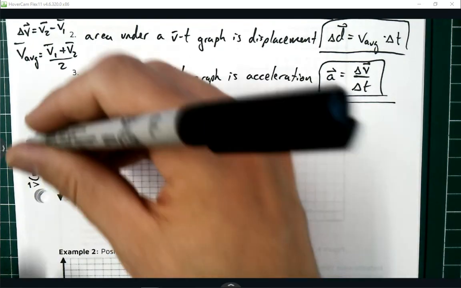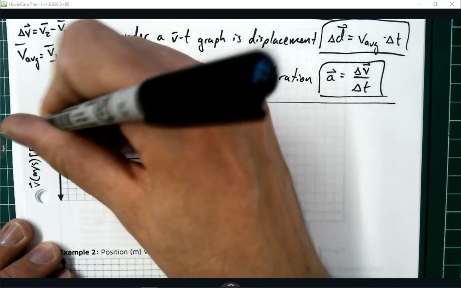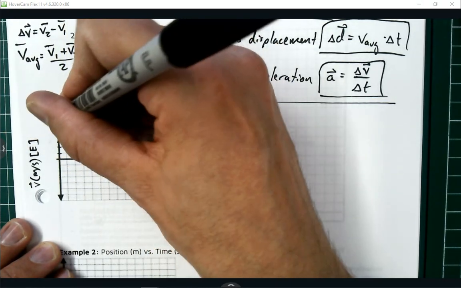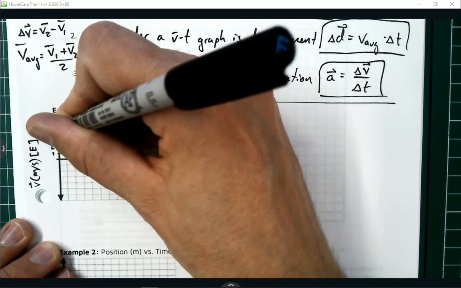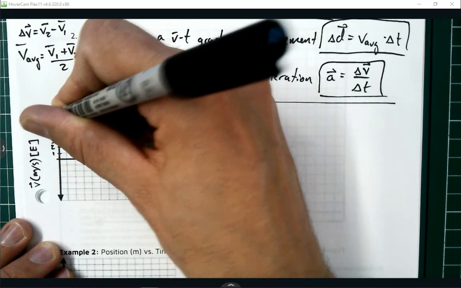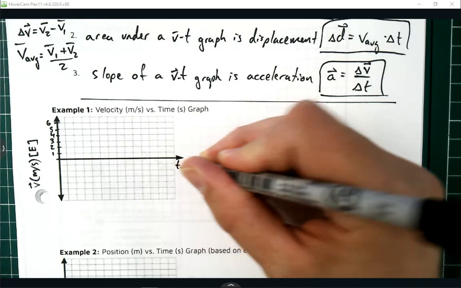In terms of the scaling for the vertical axis, we're just going to go 1, 2, 3, 4, 5, 6, and we'll go up by ones. 1, 2, 3, 4, 5, 6. So nothing fancy. Now on the horizontal axis, we are going to label it as time. Oh, this one's got arrows.